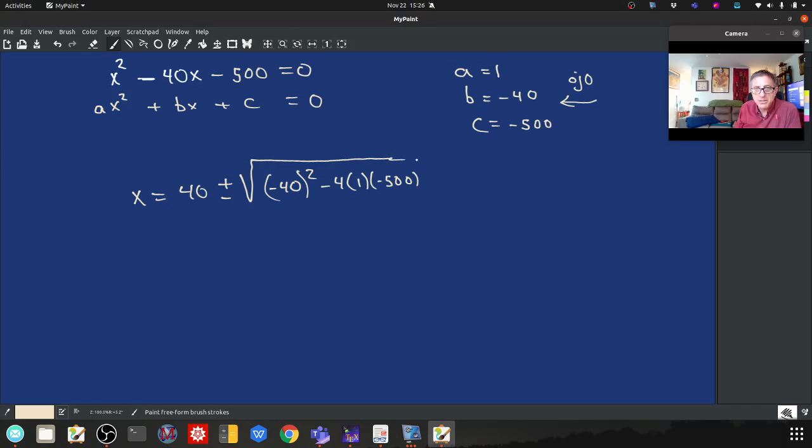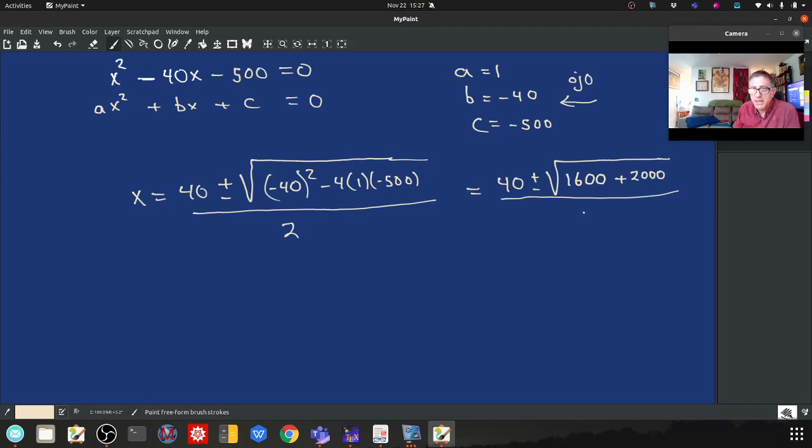That's going to be nice because I'm just going to be adding instead of subtracting there. Over 2 times a, and a is equal to 1. So that's 40 plus or minus the square root of 40 squared, which is the same as 4 squared times 10 squared, which is 16 times 100, which is 1600. And minus a minus is plus. And 4 times 500 is 2000.